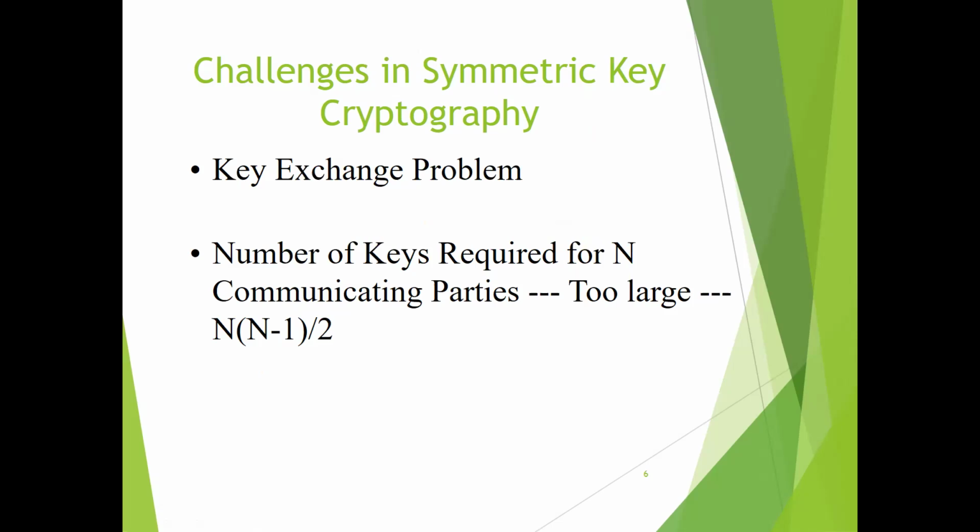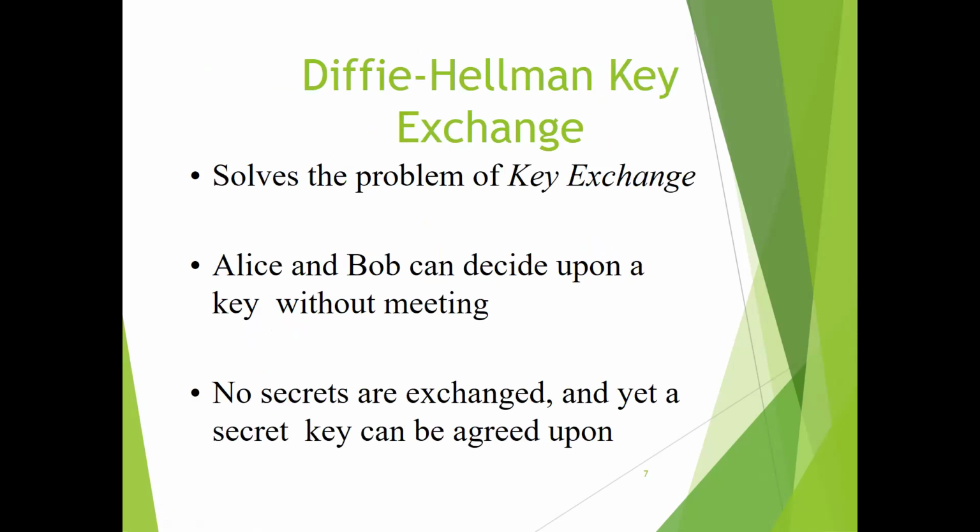In order to cope with this challenge, we have an algorithm called the Diffie-Hellman key exchange algorithm. This algorithm is basically used for solving the problem of exchanging the actual keys between the sender and the receiver without actually transferring the key over the internet.